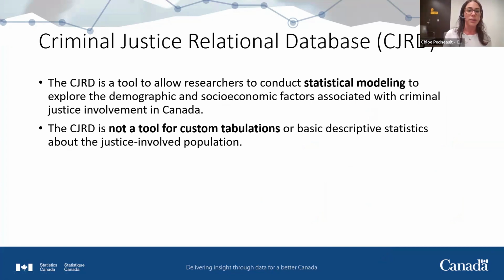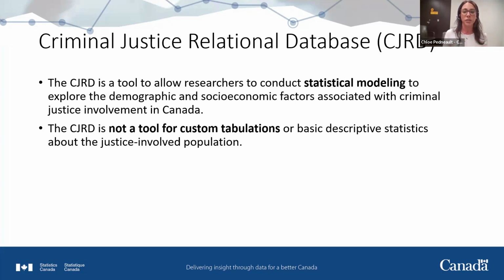So the CJRD, Criminal Justice Relational Database, you'll hear me refer to it as the CJRD, just for short. It's really a tool for statistical modeling, so longitudinal models, multiple regression models, stuff like this. It's not meant for custom tabulations like descriptive statistics alone.